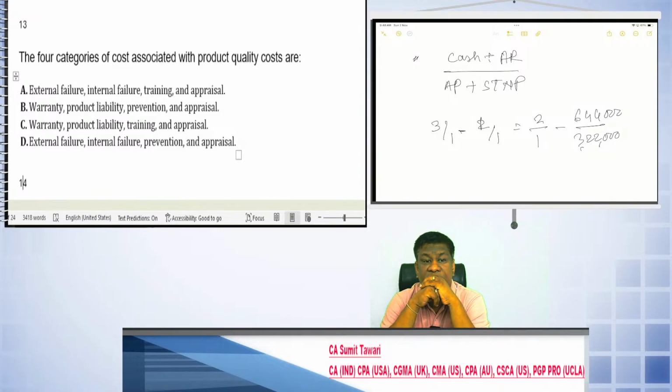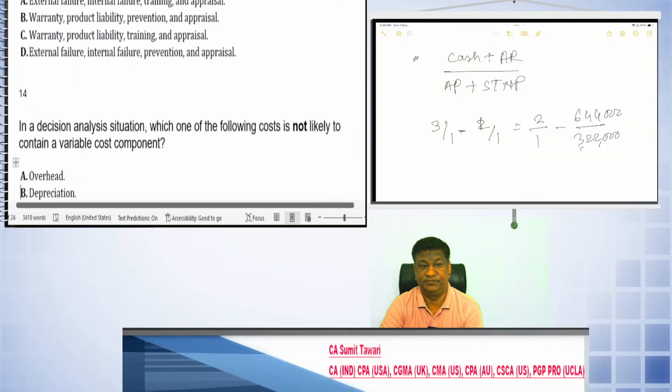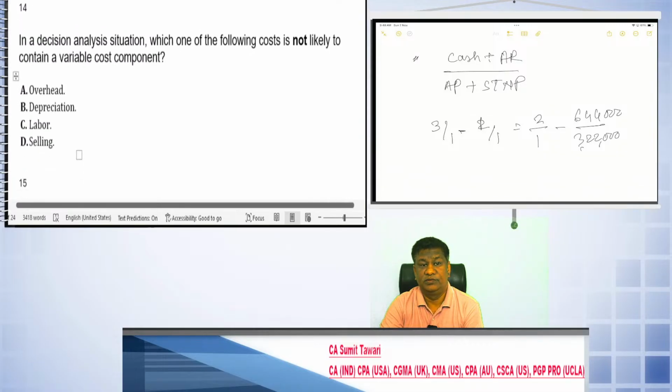B or D? I think D. Yeah, D is the right answer. Whatever may be the quality cost, we need to bifurcate it into external, internal, preventive, and appraisal. Question number 14.